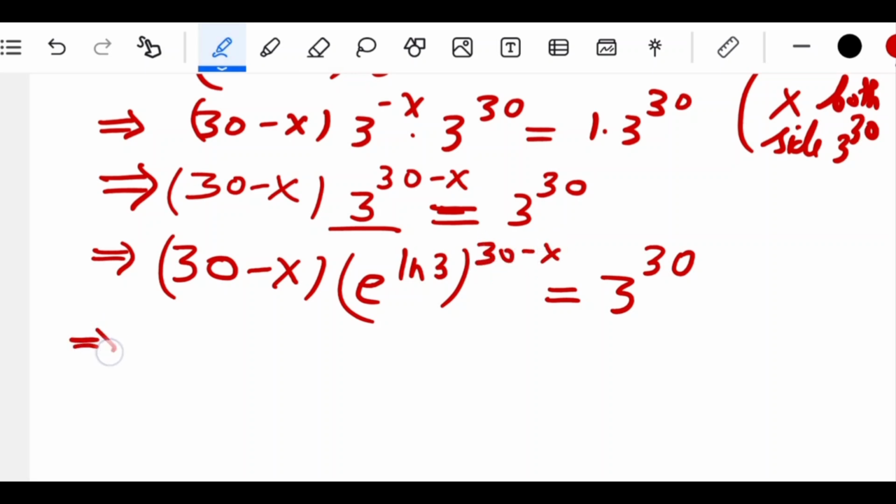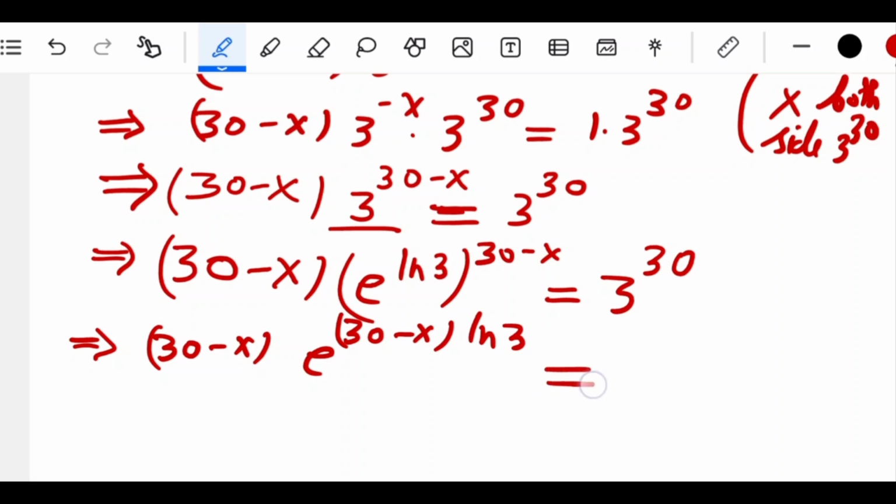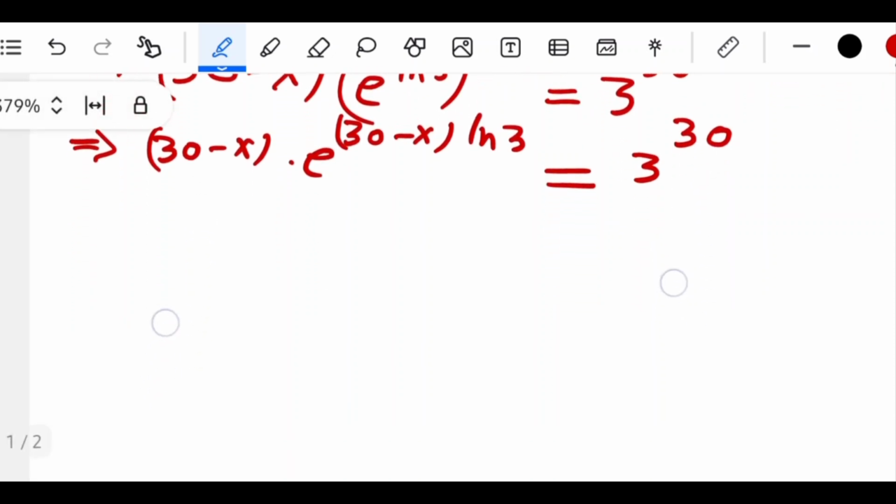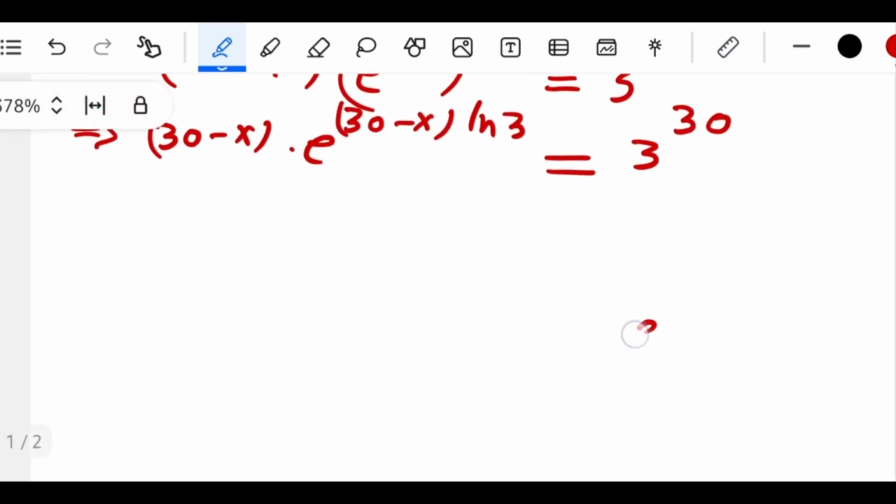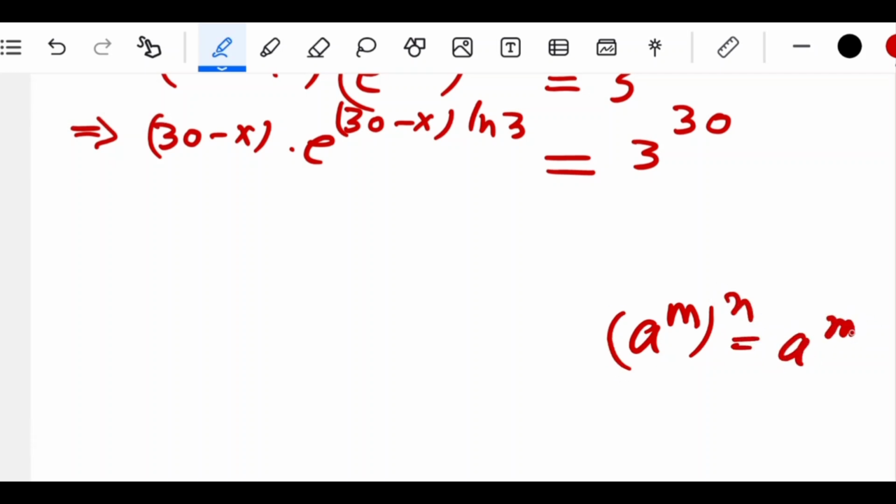Next step, 30 minus x times e raised to 30 minus x ln 3 is equal to 3 raised to 30. This is true. Now how is this possible? We know a raised to m whole power n can be written as a raised to m multiplied by n. Using this identity we got it.